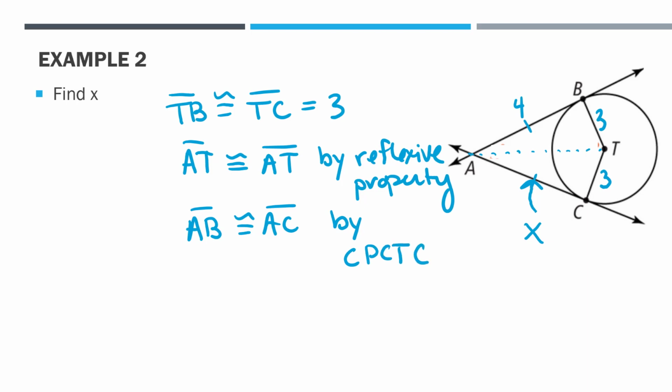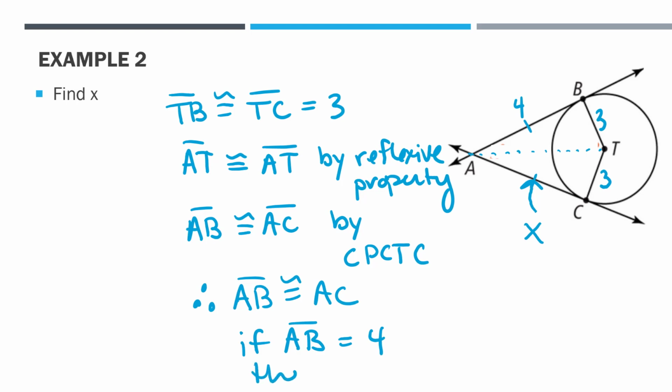Congruent parts of congruent triangles are congruent. So therefore, if AB is equal to 4, then AC is also equal to 4.